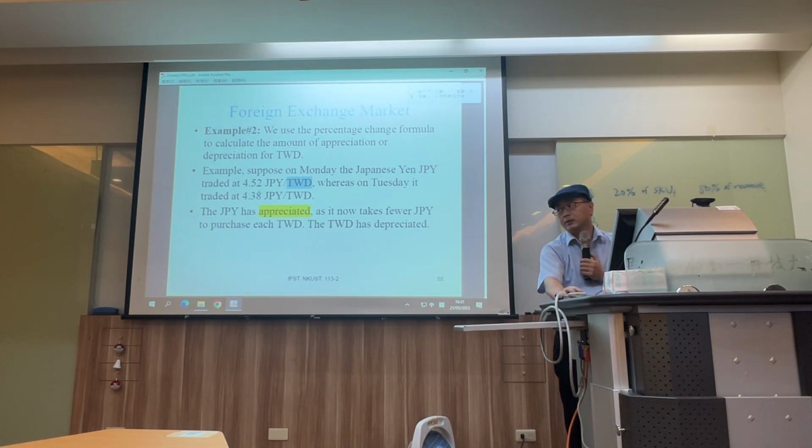So in our case, for the Japanese yen, is it going up or is it going down? Is it stronger or is it weaker for the Japanese yen? The Japanese yen becomes weaker, right? Okay. It becomes weaker because it's 4.38 and not 4.52.